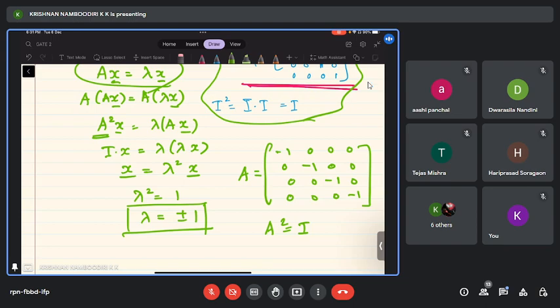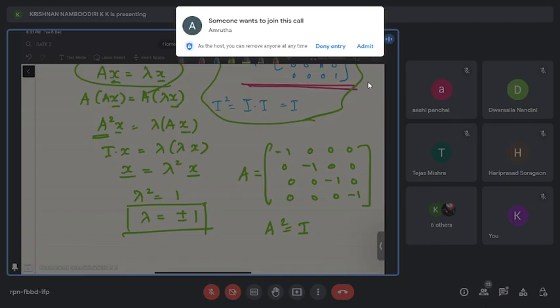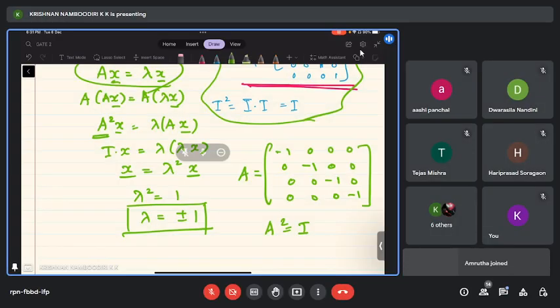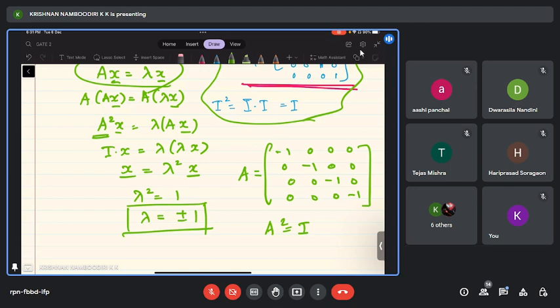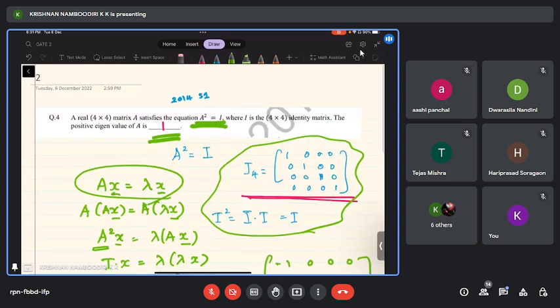Does this matrix have any positive eigenvalue? No, all the eigenvalues are -1. So it doesn't have any positive eigenvalues. Such cases are possible, but in the question, unfortunately, they are not bothered about that. Anyway, to solve the problem, +1 is the correct answer.